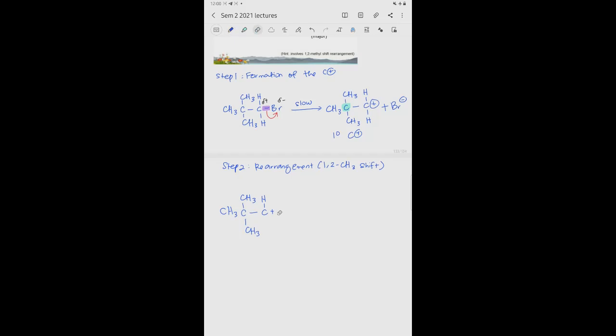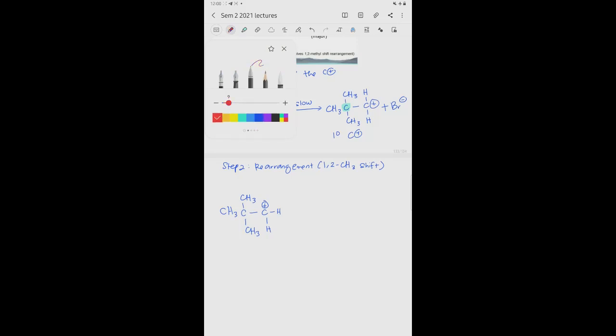I will draw the plus at a different position now, I will draw it here, because I want to show the formation of the rearrangement after this. So what will happen here?